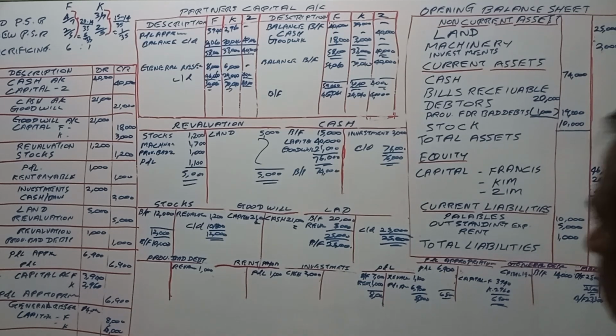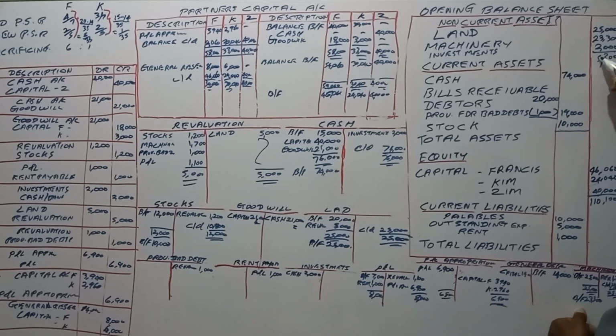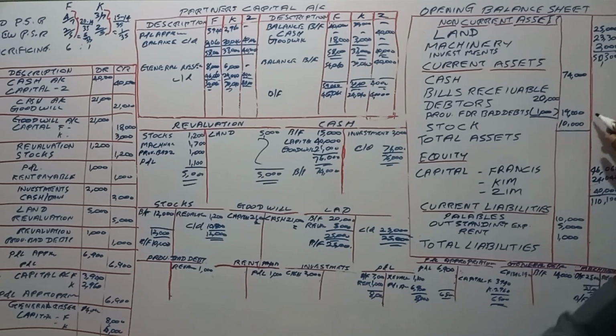General reserve, machinery 23,300, then 50,300, right?